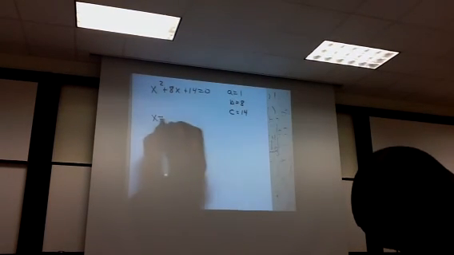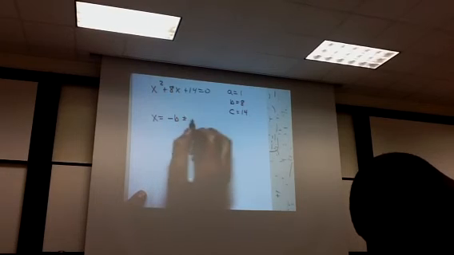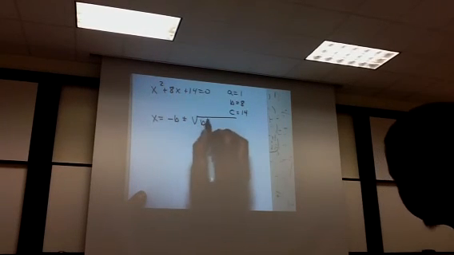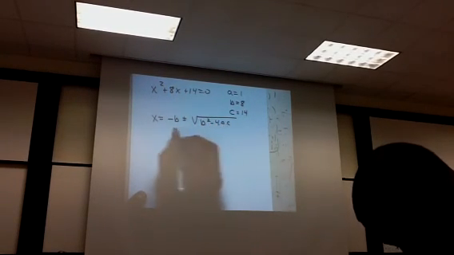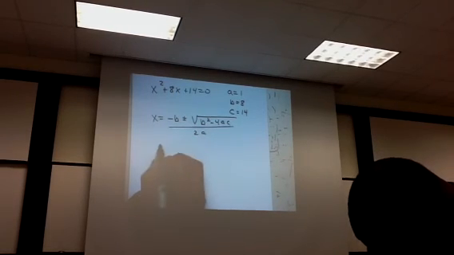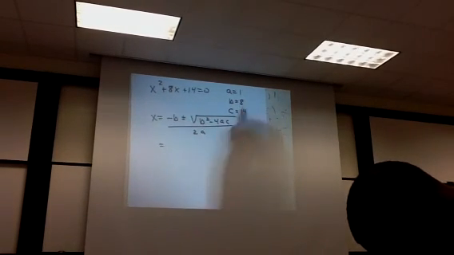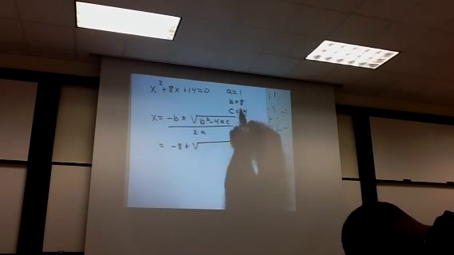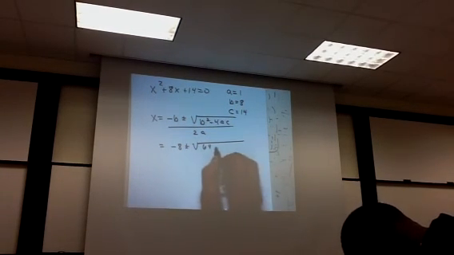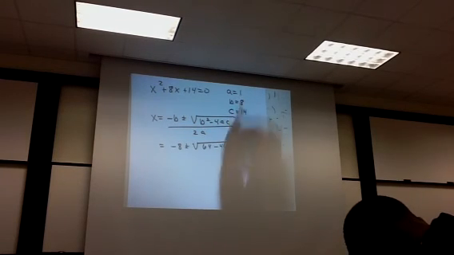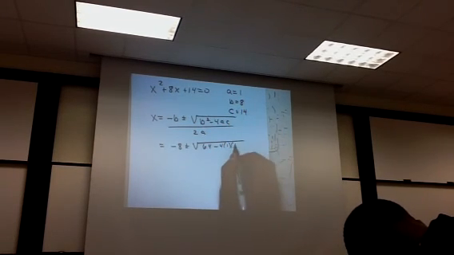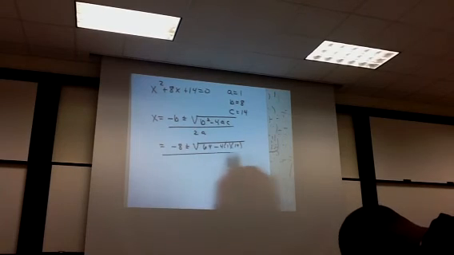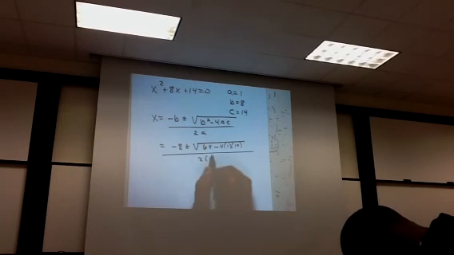So x is going to be the opposite of b plus or minus the square root of b squared. All right, here we go. Opposite of b, it's negative 8. B squared, that's 64, minus 4 times a times c, all over 2 times a.